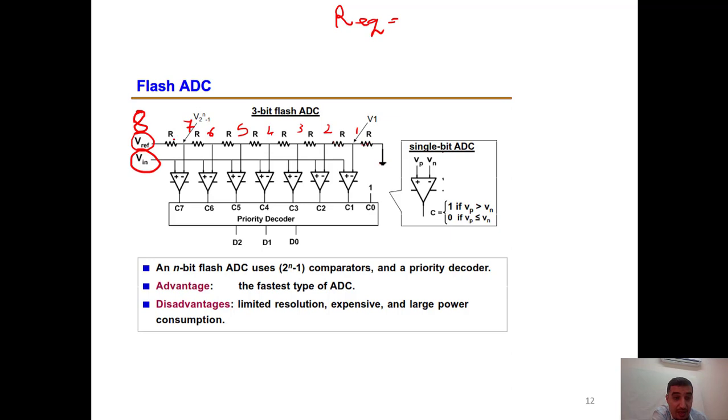Okay, so we have this arrangement. Here we have V reference, which is equal to 8, and so on.